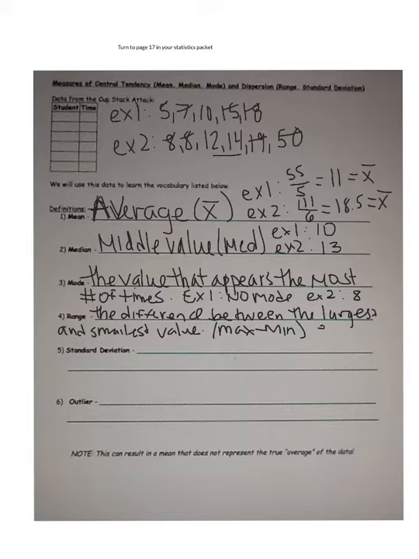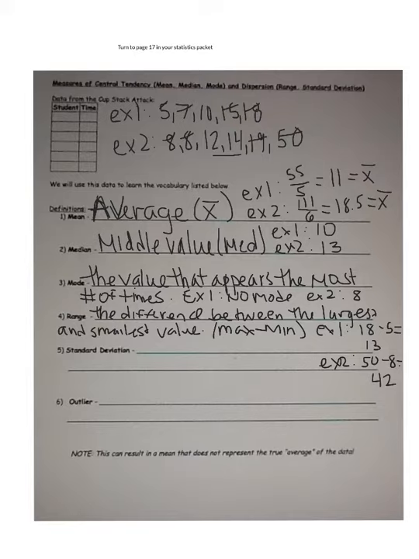So in example number 1, the biggest number is 18 and the smallest number is 5. So our range is 13. In our second example, our biggest number is 50 and our smallest number is 8. So we subtract them and we have a range of 42.